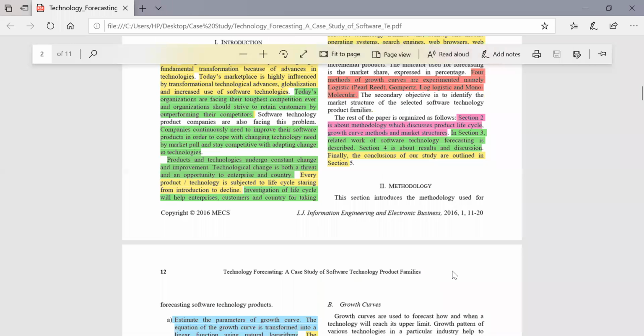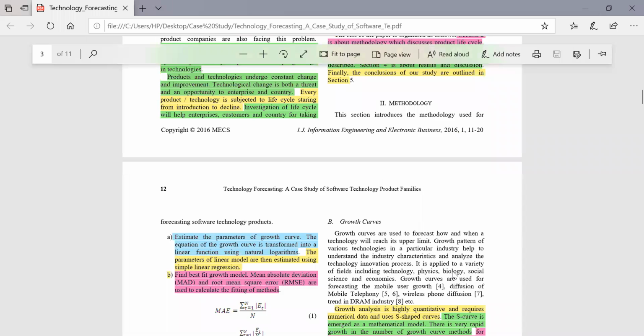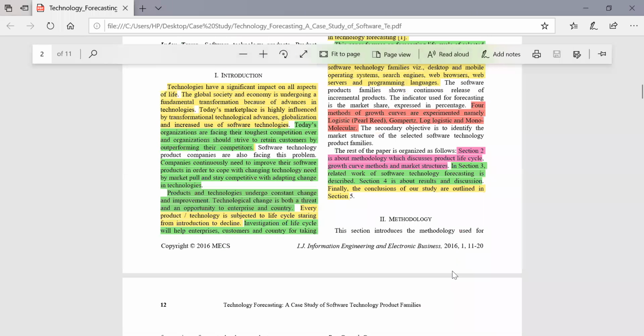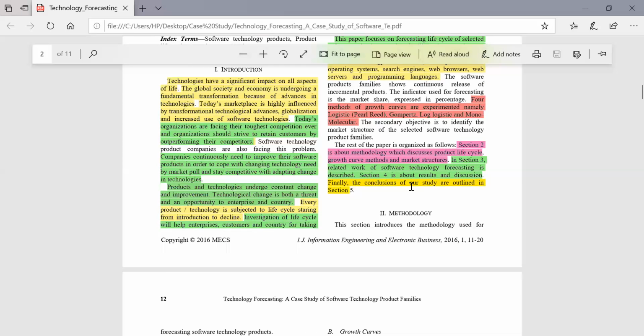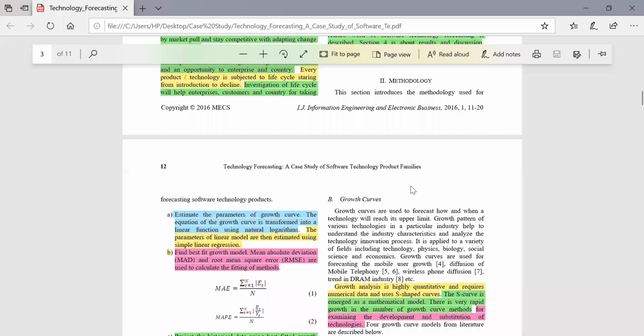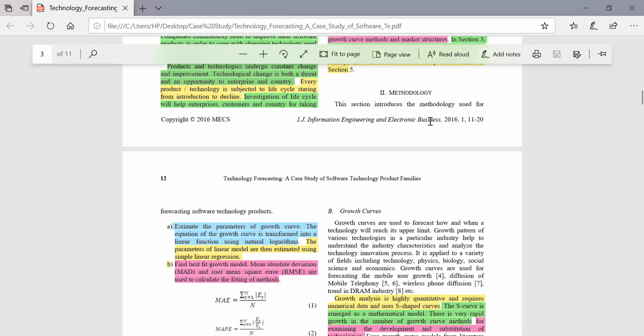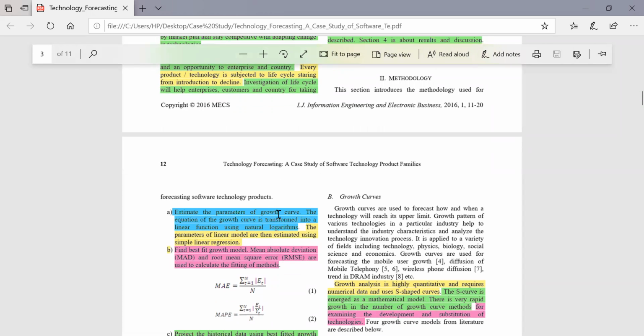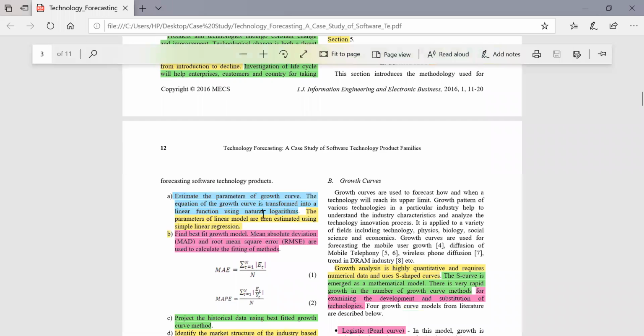So now we are coming to the second part, what we call the methodology part. The methodology part will discuss the product life cycle and the different growth curve methods which are available. This methodology section introduces us to forecasting software technology products. So what is being done here? First, it is speaking about the growth curves.